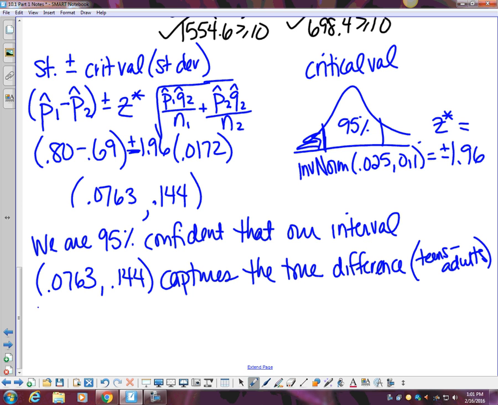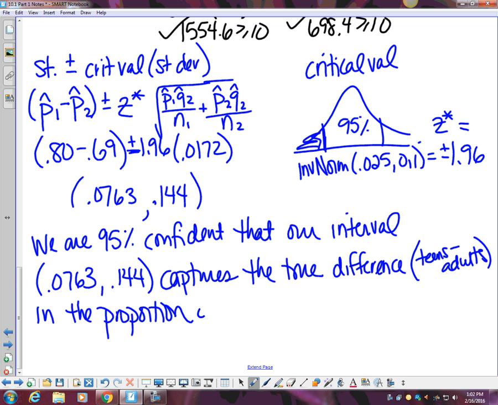The true difference in the proportion, because you can't say the true difference of all teens and adults who use social networking sites, because these aren't numbers of people. This is the proportion of the number of people.